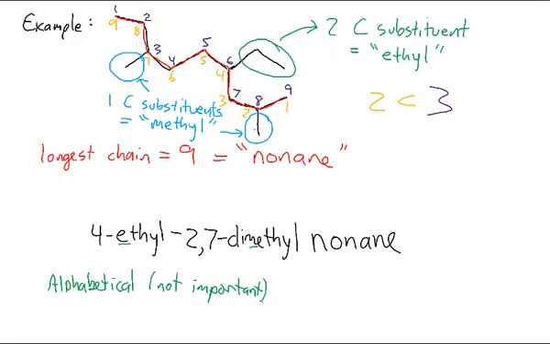All right, so that's how you name alkanes, and you have a bunch of examples in the skill builder. I also wanted to give you at least one functional group that you have to name. It's only slightly more complicated. So if you're going to name an alcohol, what you would do is choose the longest chain that contains the alcohol.